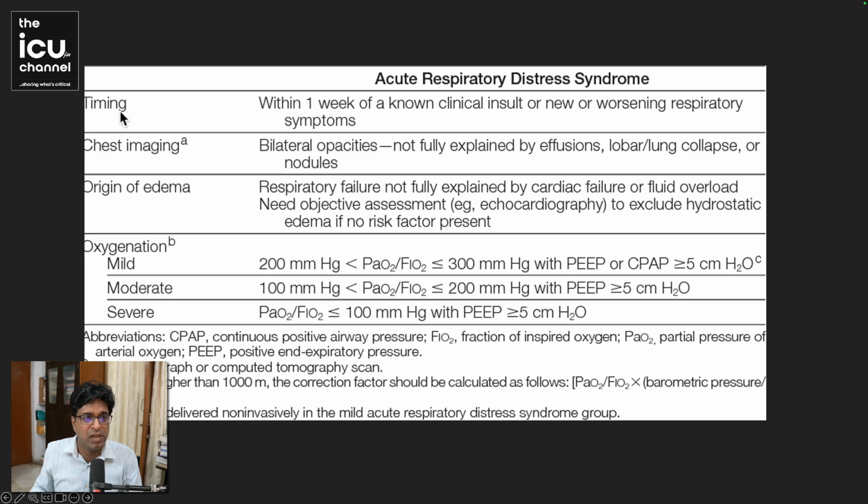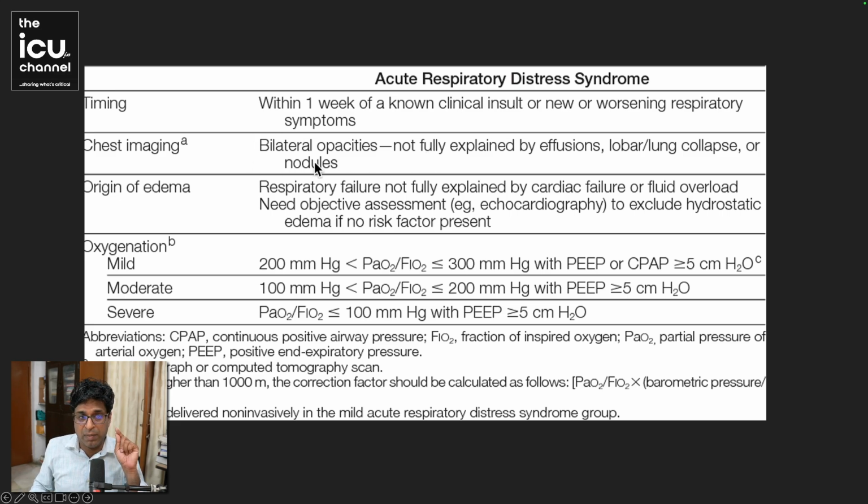Again, just for revision, this was the 2012 definition, which many of you and I also know that we were using. We have used it in the COVID era also. The timing: within 1 week of onset of clinical insult or new or worsening respiratory symptoms. Chest imaging, CT and X-ray chest: bilateral opacity.